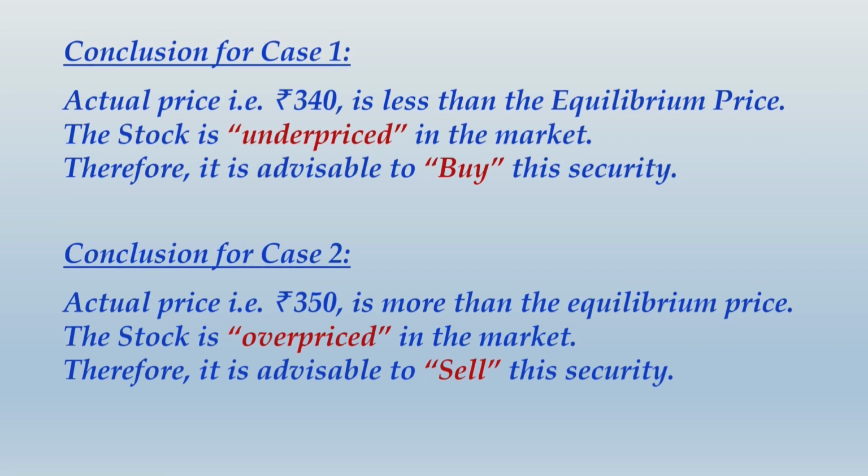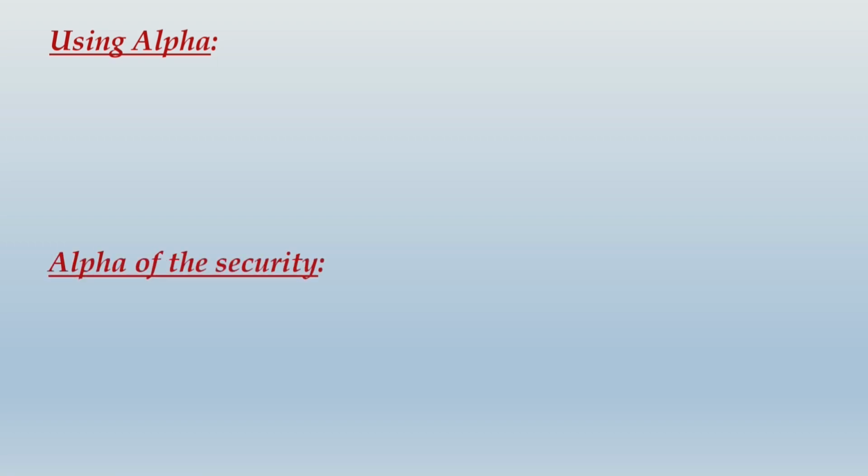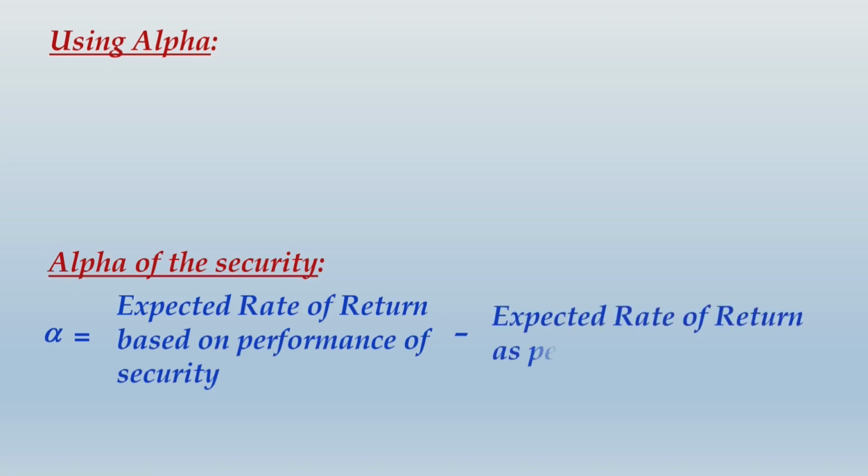Alright friends, once you have completed writing this part, let us move ahead and deal with the next part of the question, where the question has asked you to determine alpha. Now, we know one thing, that alpha of the security will be computed by taking the expected rate of return based on performance of the security minus the expected rate of return as per CAPM.